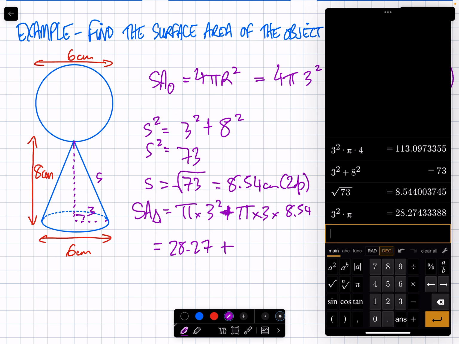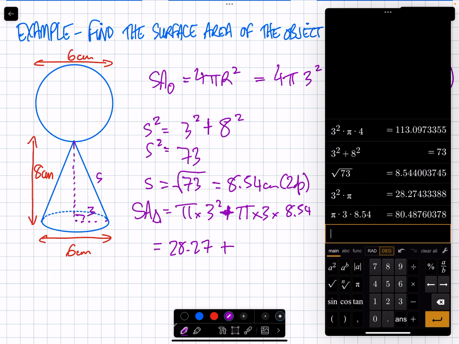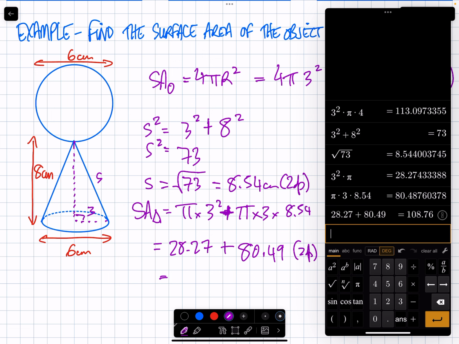The next one is pi times 3 times 8.54, 80.49. So that's all rounded to 2 decimal points. So the last step is just to add those together, okay? 28.27 add 80.49. You get about 108.76 for the cone.